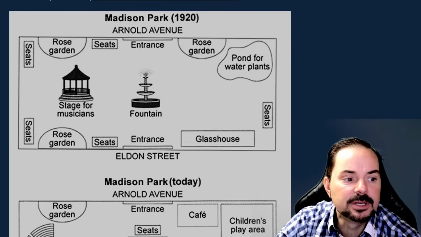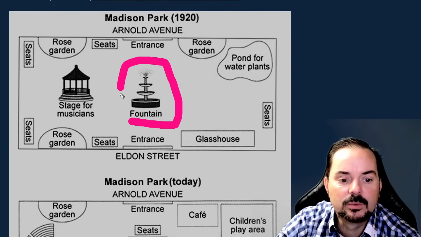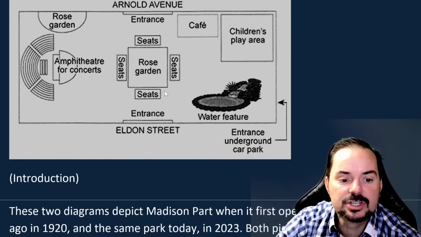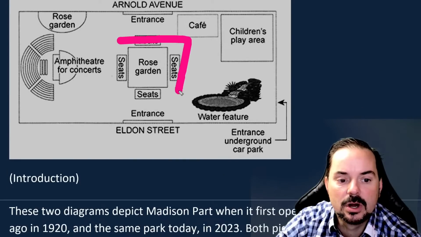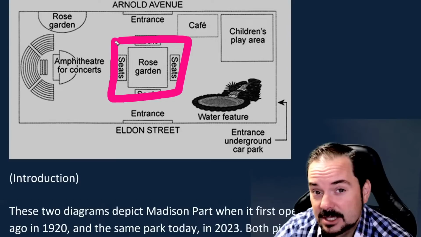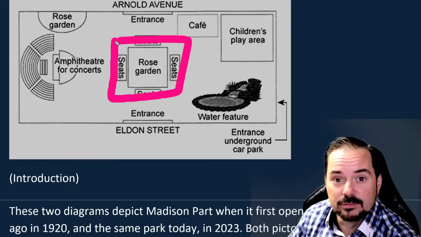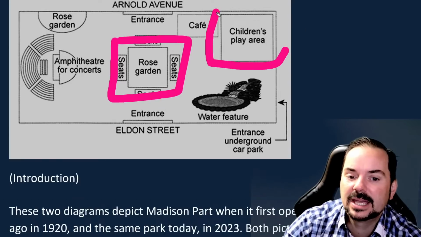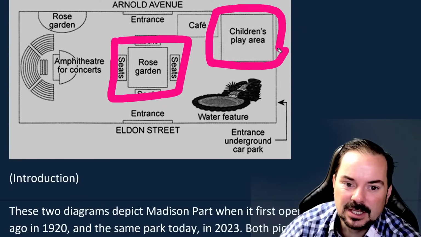Take a look at this, Domenico. We have a fountain in the middle, which probably is a concrete structure. And then that concrete structure is actually being replaced by a rose garden. So we also have some man-made structures being replaced by natural structures. So there's a bit of movement there, right? So we don't really know. And we don't know what the children's play area is like either. We don't know what they use to build that.